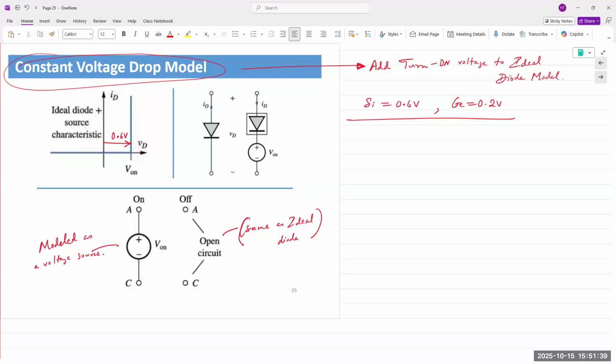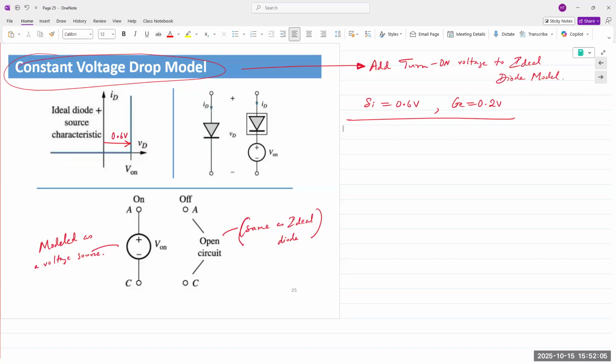Right. If it's forward bias, it can be on. I mean, it can be off. Oh, okay. So now I get your question. If it's forward bias, but the voltage is less than V on, then it would not turn on. The key point here is that a turn-on voltage must be applied, so it's not just zero.